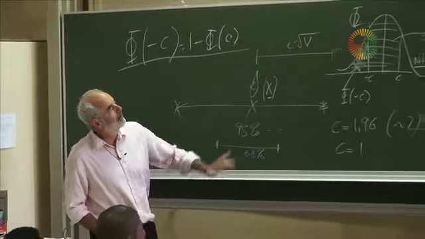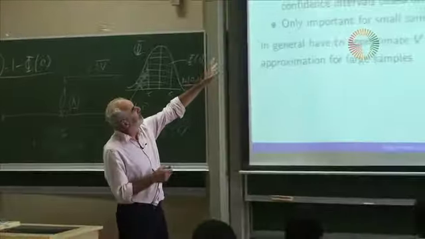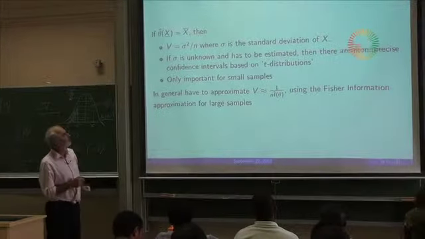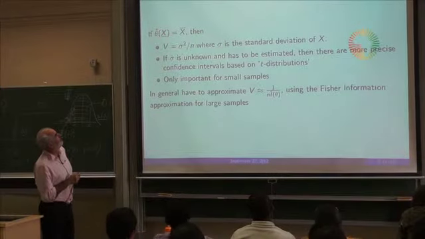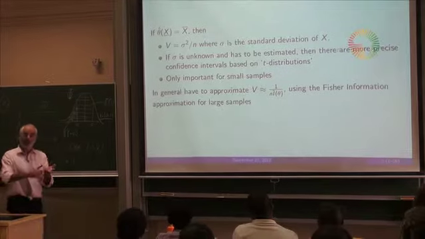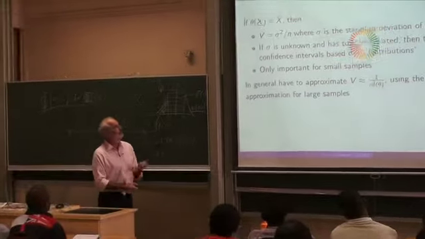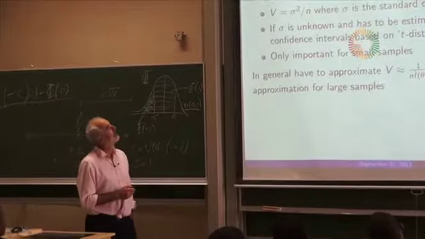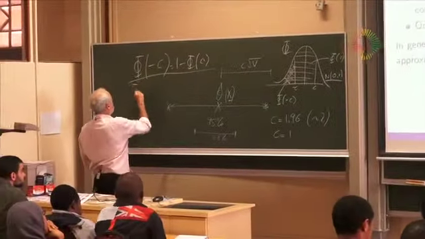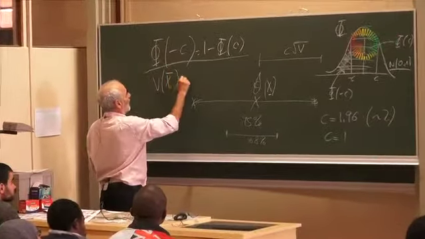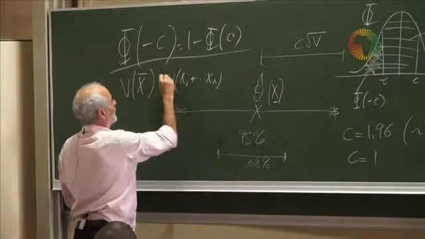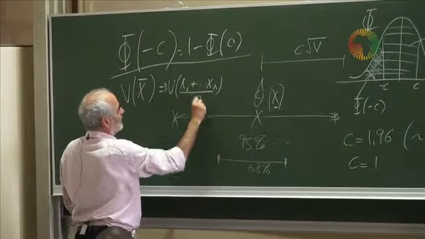In many cases we estimate the parameter by a sample mean. In the normal, we've seen in the Poisson, all sorts of examples, we use the sample mean, not all of them. And in that case, we know that the variance of x bar is the variance of x1 over n.